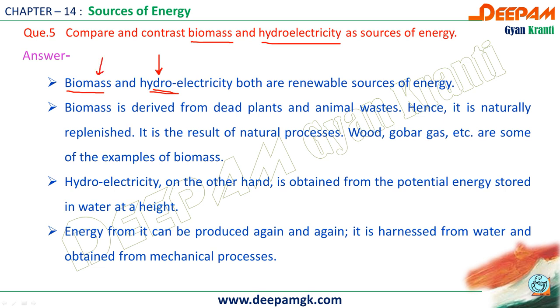And biomass, as you know, we talked about in the last questions. Biomass and hydroelectricity are both renewable sources of energy. Next, biomass is derived from dead plants and animal waste.